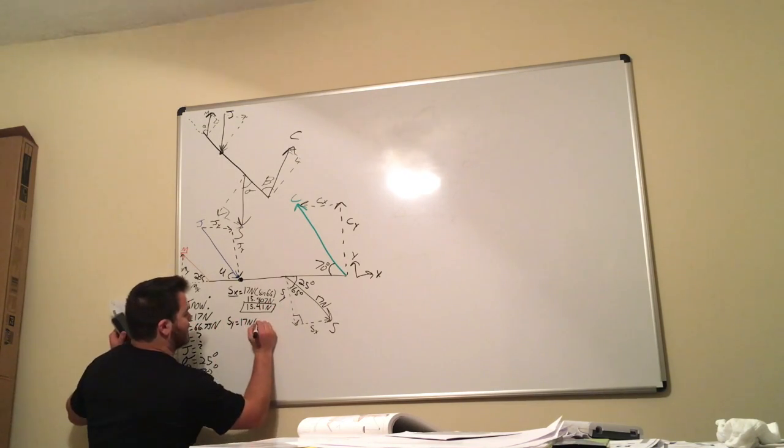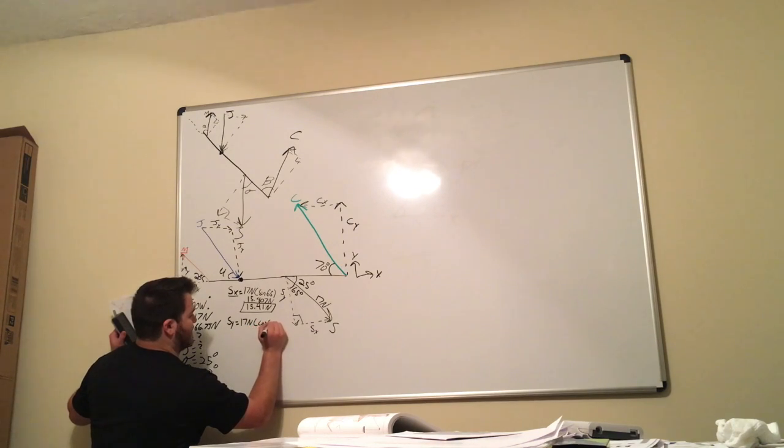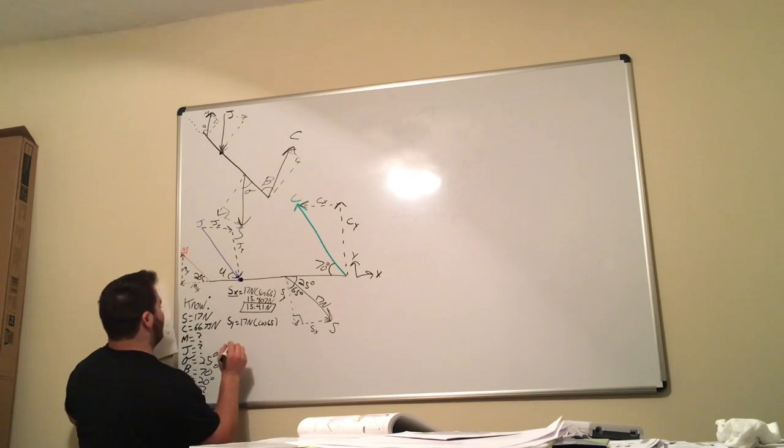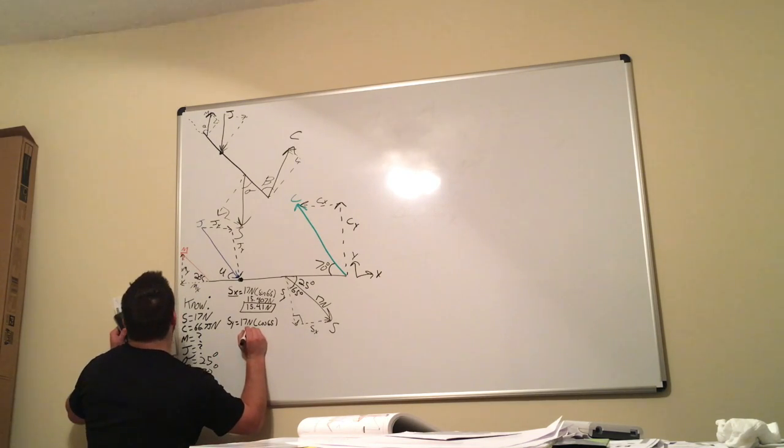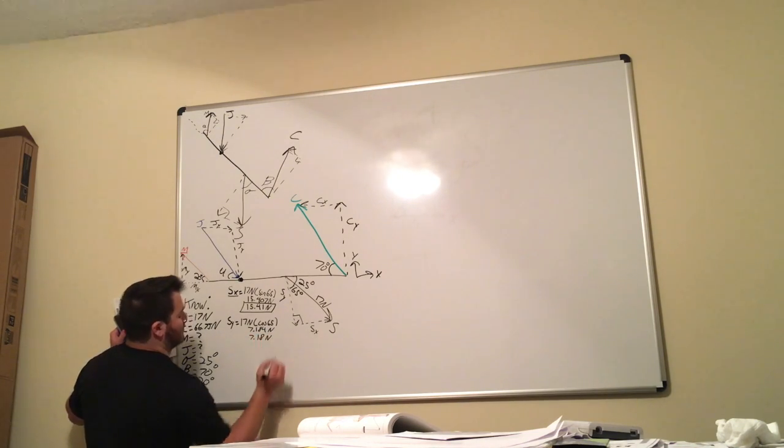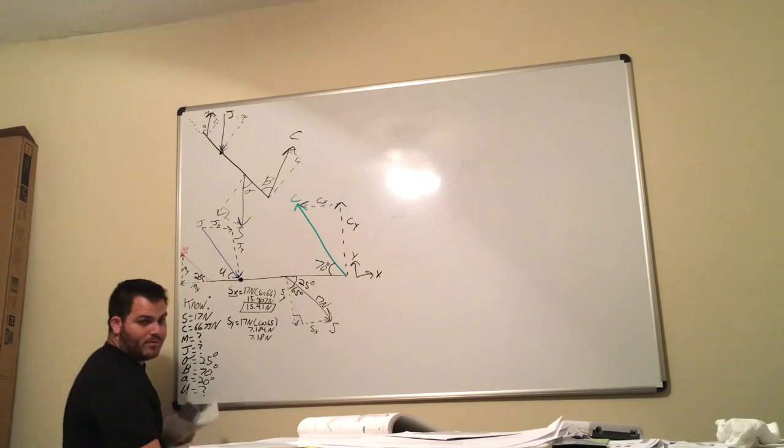So cosine of 65, and then you multiply that out on your calculator, and you get 7.184 newtons, which I will round to 7.18 newtons.